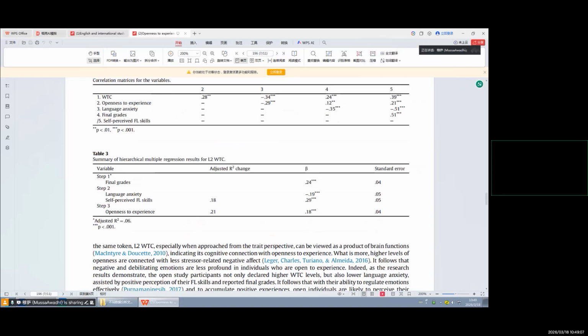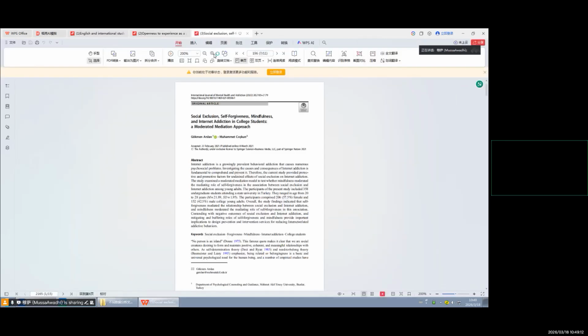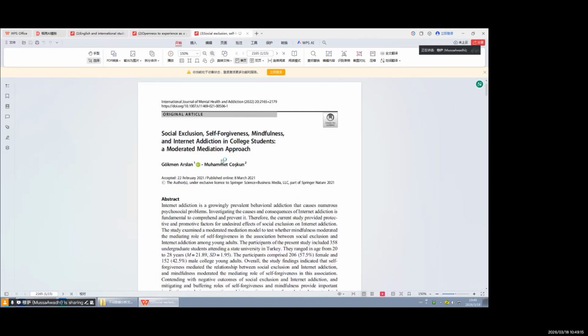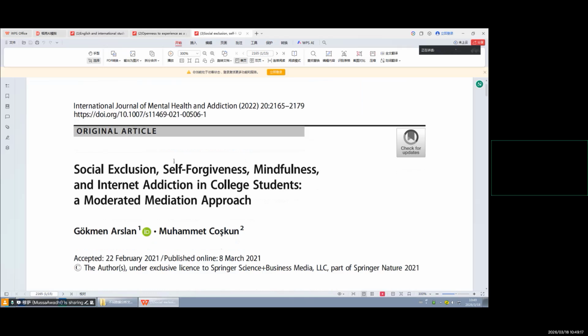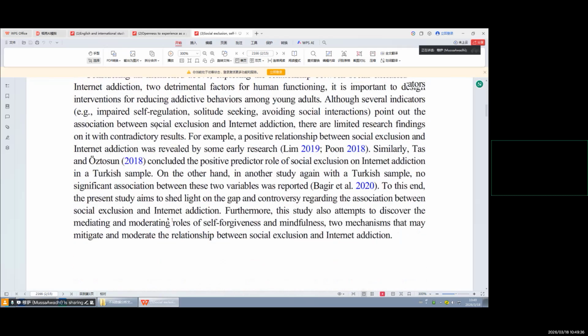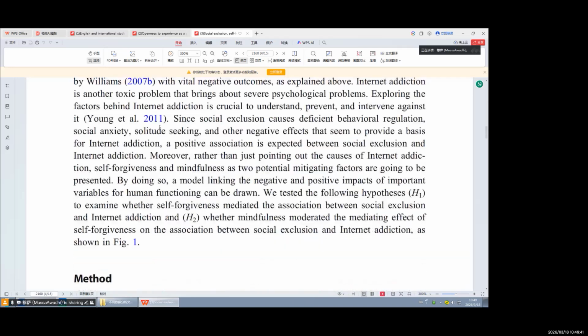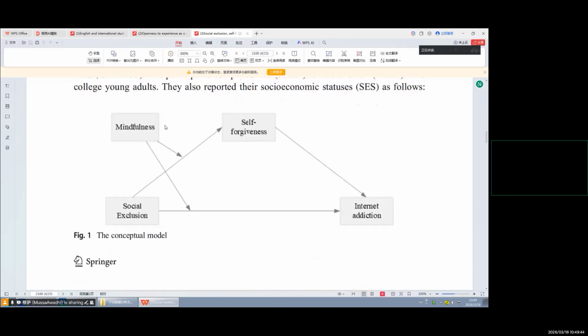Now I show you the third one. You can see social exclusion, self-forgiveness, mindfulness, and internet addiction in college students. We skip the details and go directly here.